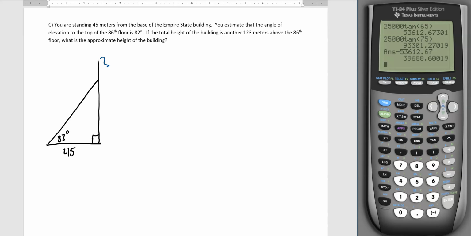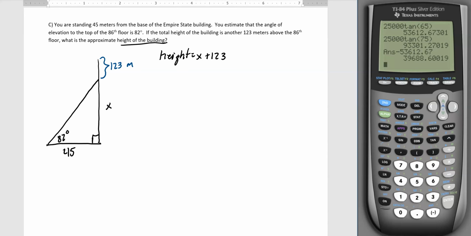So we have this additional height of 123 meters. Obviously, picture not drawn to scale. Remember, it doesn't need to be. So in order to find the total height of the building, we need to find this distance, and it would be x plus 123, right? That would be our total height. So let's figure out what x is.